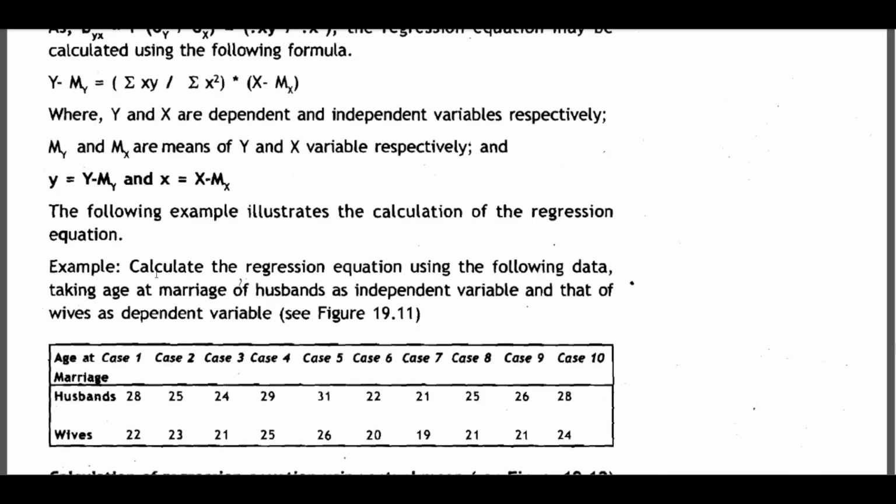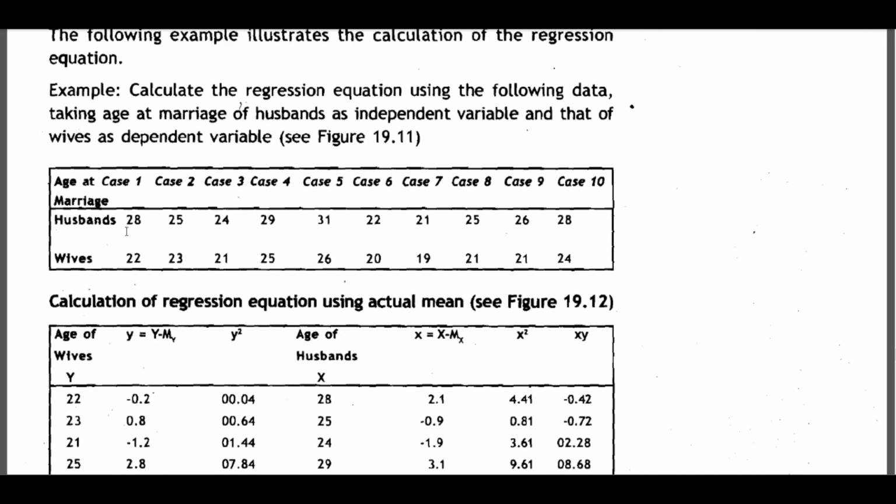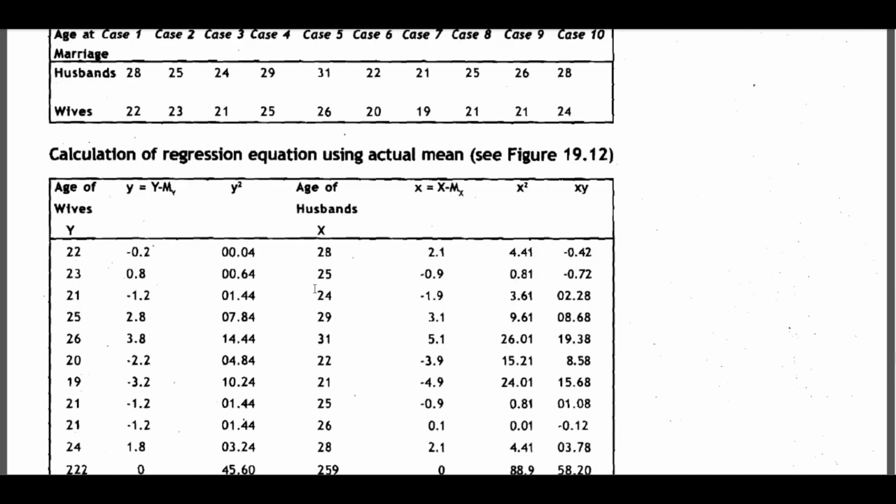So the following example illustrates the calculation of the regression equation. We can calculate the regression equation using the following data, taking age at marriage of husbands as the independent variable and that of wives as the dependent variable. This table gives the values, and the calculation table is given below.